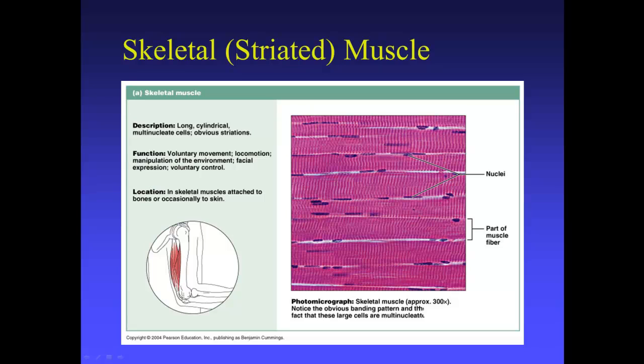That will be in a different lecture. However, we do need to touch briefly on one aspect of the internal structure of skeletal muscles, because it bears on why they're called skeletal or striated muscles.